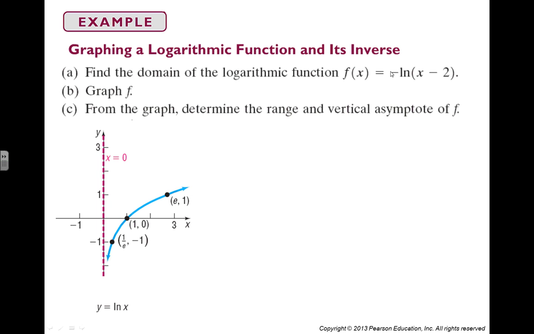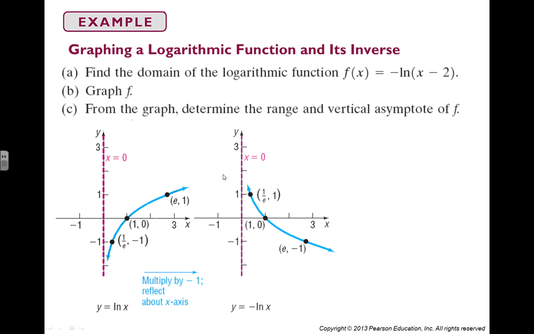So if we are going to find the domain of the negative natural log of x minus 2, the same rules apply. We can't take the log of a negative number.